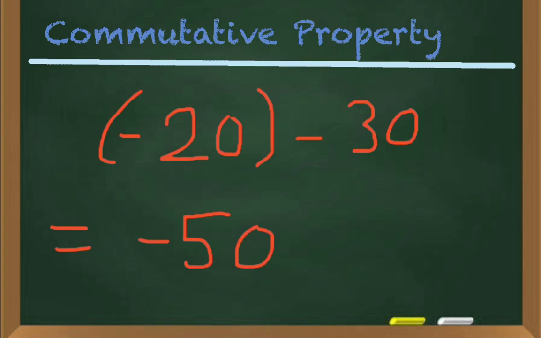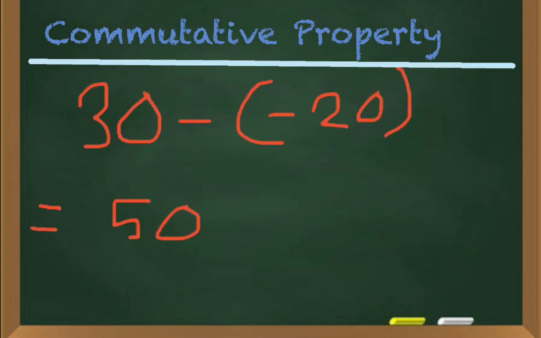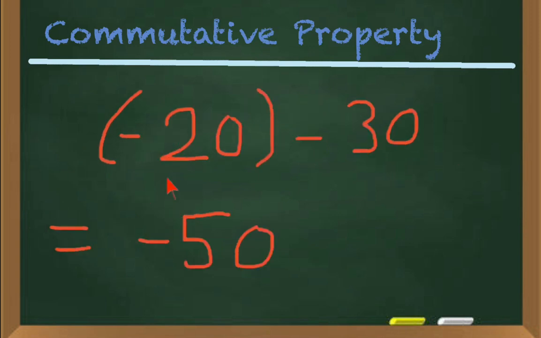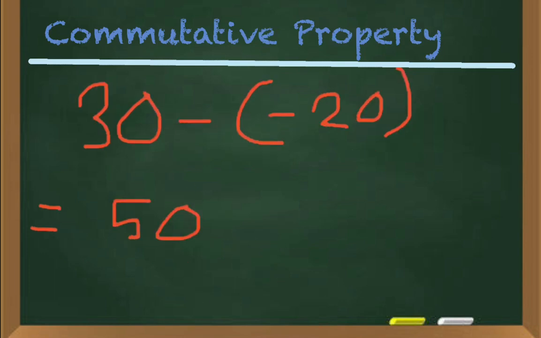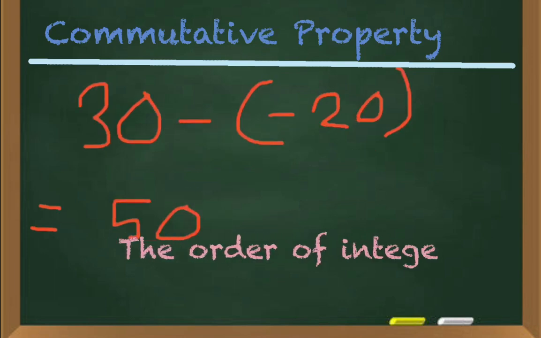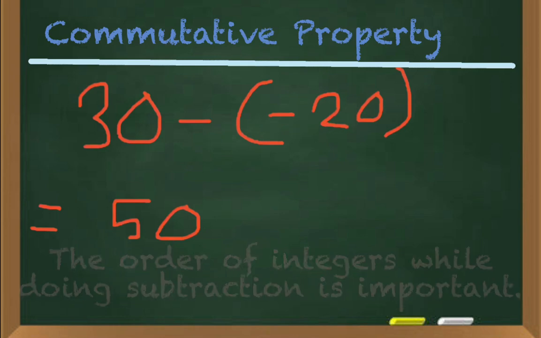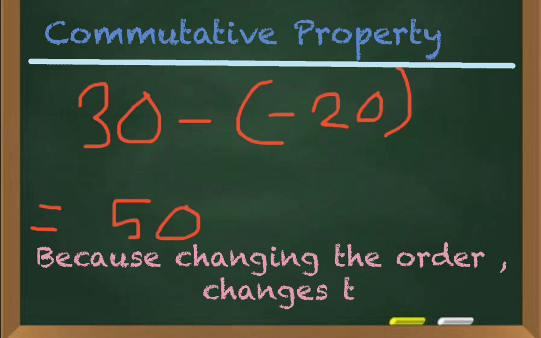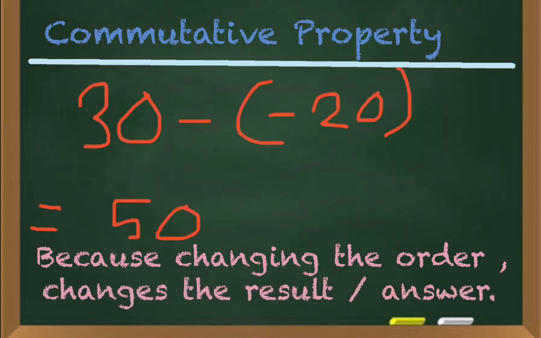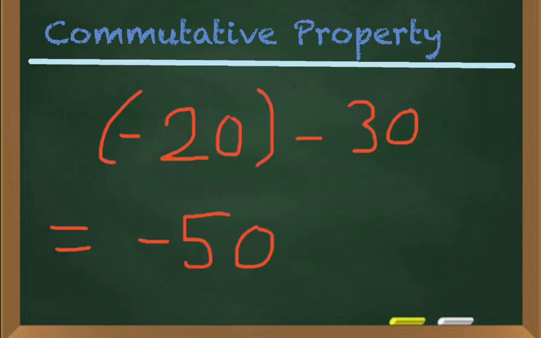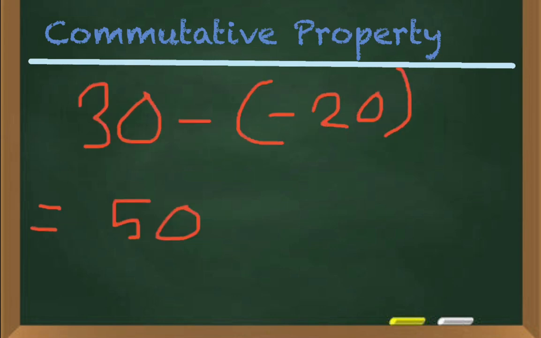So what can you observe here? We can observe here that after changing the order of both the integers, we are getting a different answer. So that means the order of integers while doing subtraction is important, because if we change the order, the result also changes, as you can see in both of these examples.